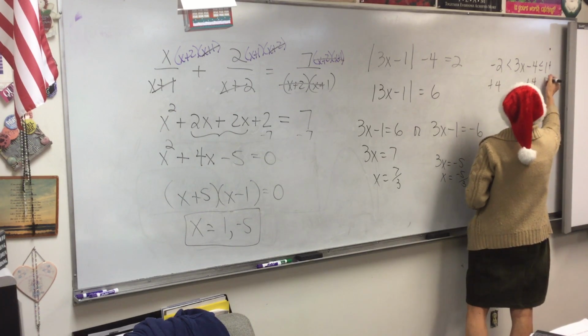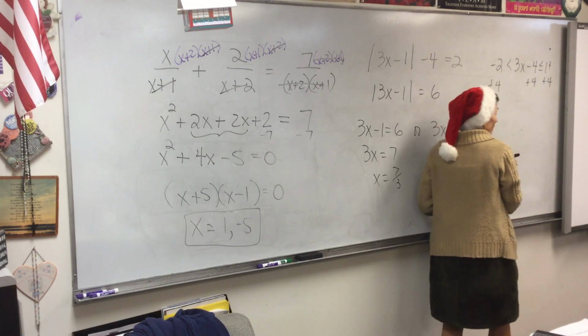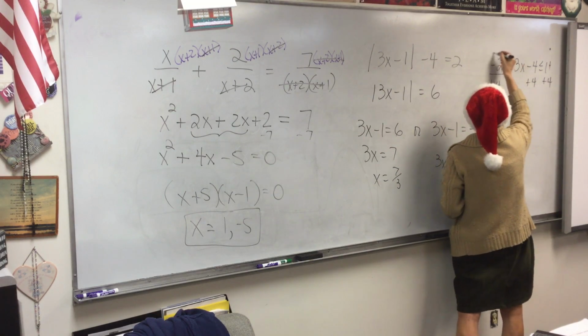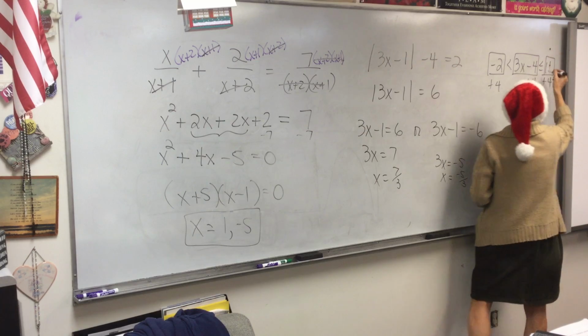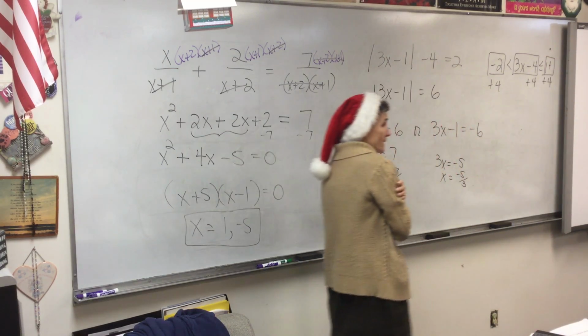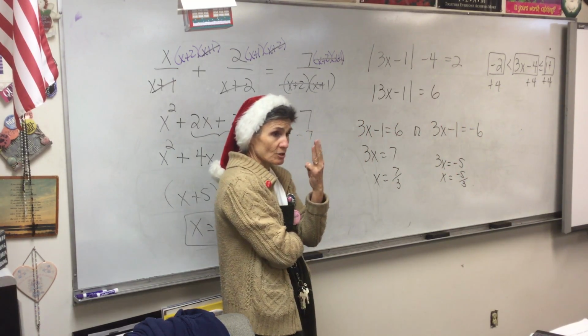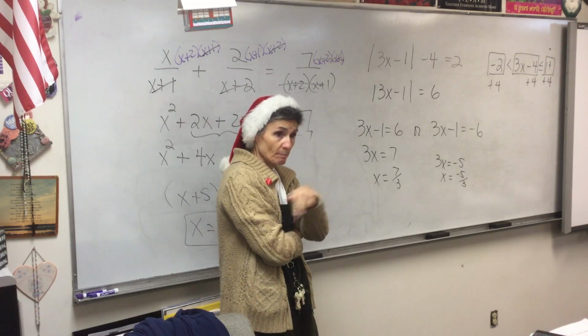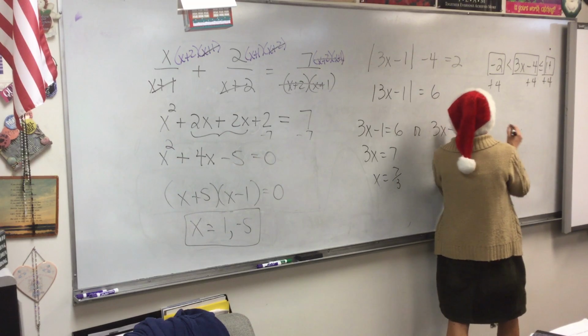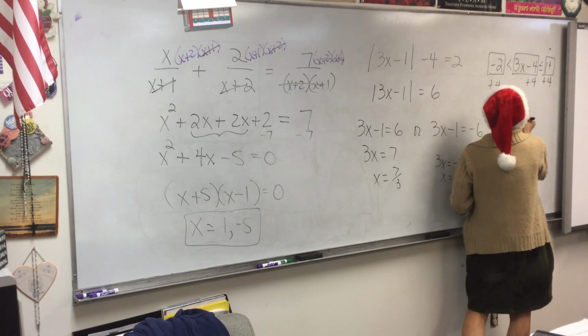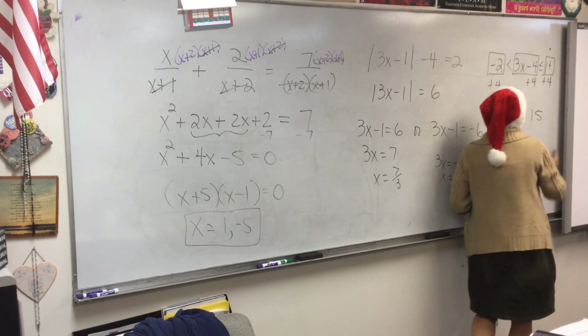You have to add it to all the pieces of the problem. This is a piece, this is a piece, and this is a piece. This is called a compound inequality. Can you see that it has 3 parts to it because of the 2 symbols? So when you say I want to add 4, I think that's a wonderful idea, but you have to add it to everything.